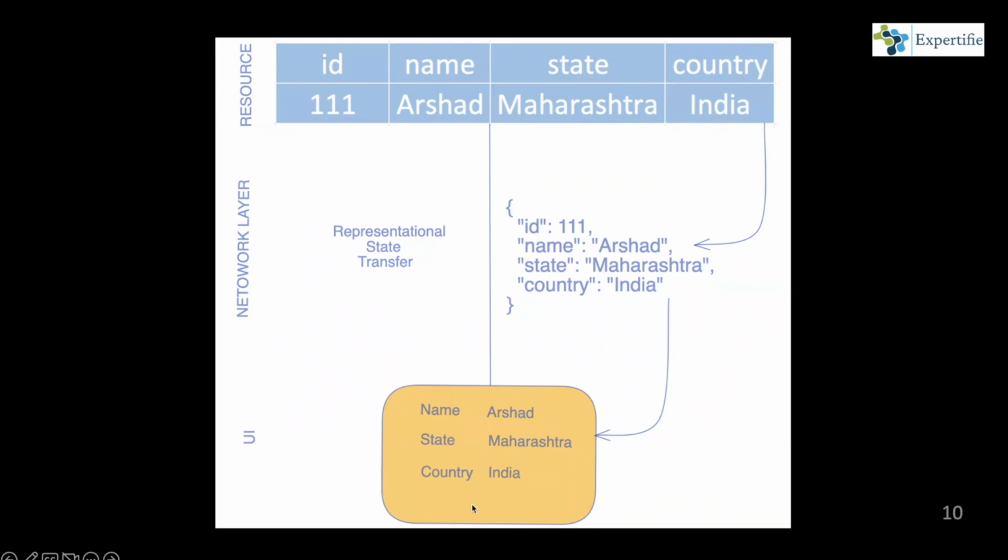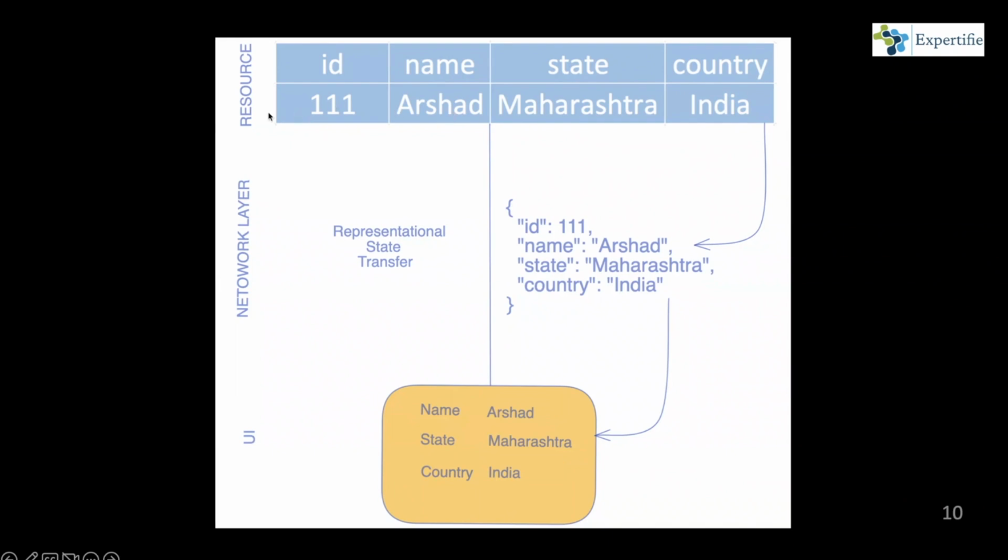Let's say you want to view your profile on some social media site like LinkedIn. Internally it has an ID, since everything should have a primary key, but that ID is not displayed on your UI. Only a subset of information is displayed. So all these three layers, resource, network layer, and UI, are talking about ID 111 with name Arshad.